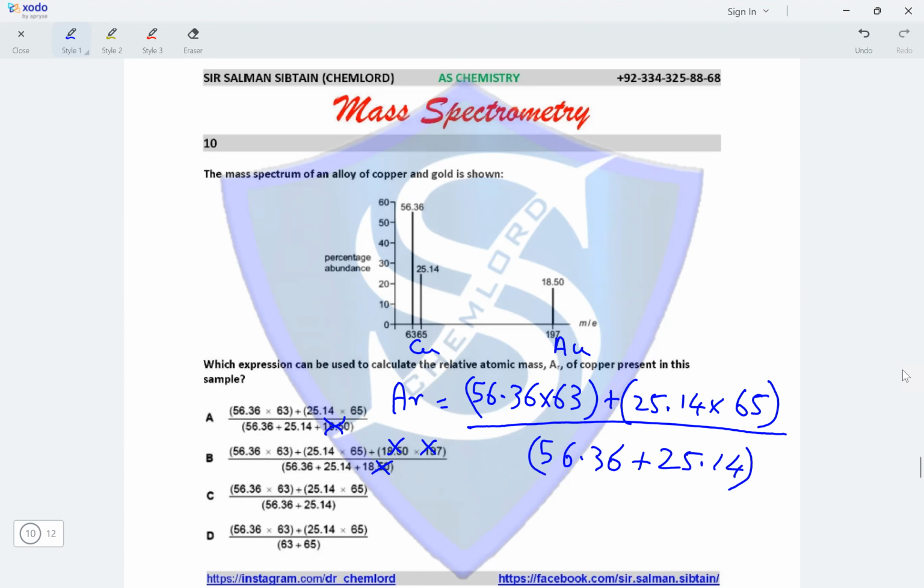This should be the calculation for Ar of copper. This is what is present in option C and not in option D, because in option D, the masses of copper isotopes are present in the denominator, which is incorrect for the calculation of Ar of copper, making option C the correct option for this question.